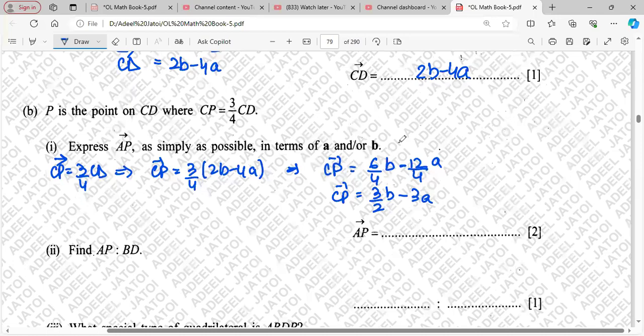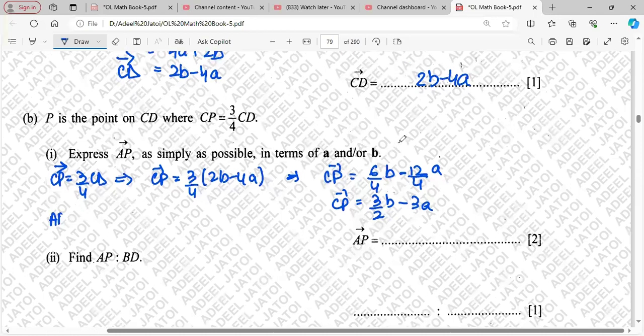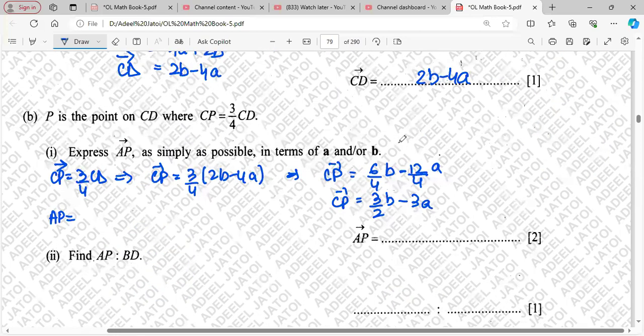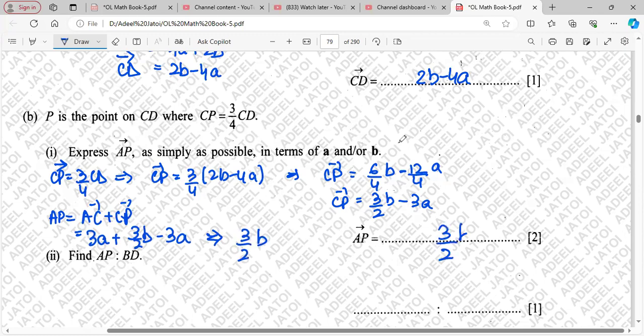AP is basically AC plus CP, which means 3A plus 3/2 B minus 3A. So in the end, we are left with 3/2 B only. So AP becomes 3/2 B because 3A and 3A cancel out.